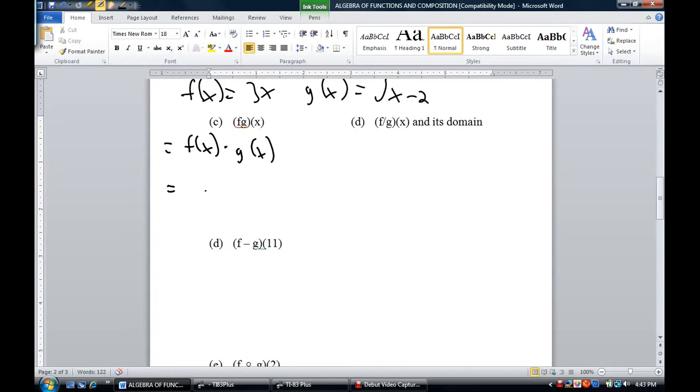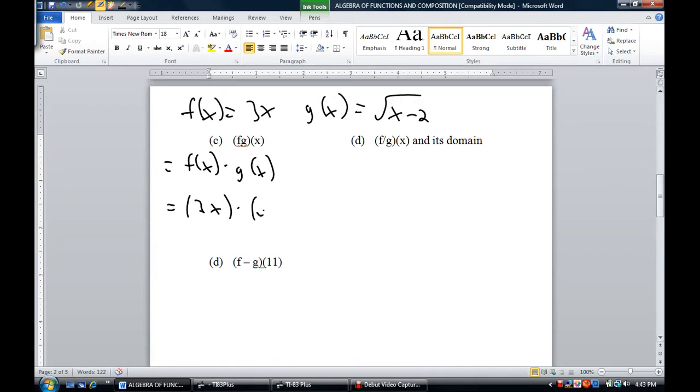Now f of x is given to be 3x, and g of x is given to be the square root of x minus 2. Since we can't multiply a number that's not under the radical by one that's under the radical, the final answer is just 3x times the square root of x minus 2. And we're done.